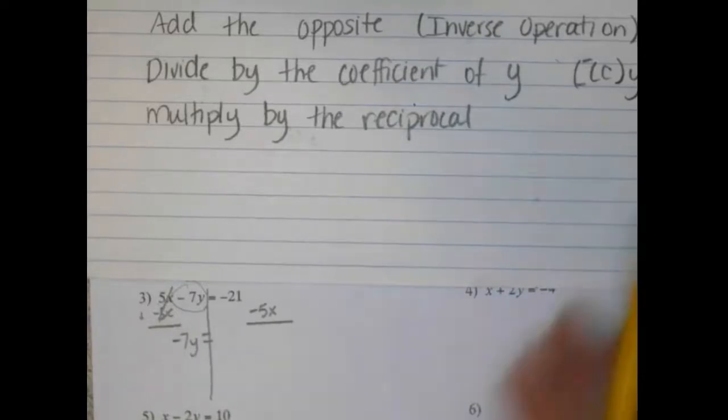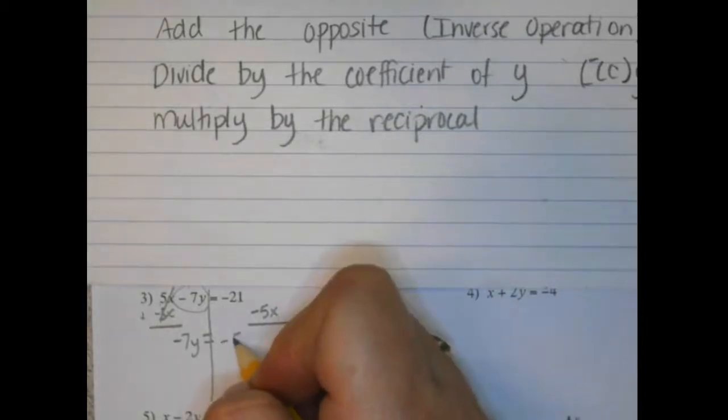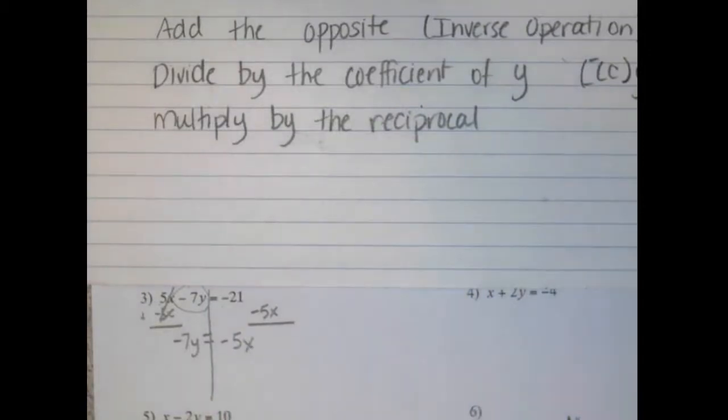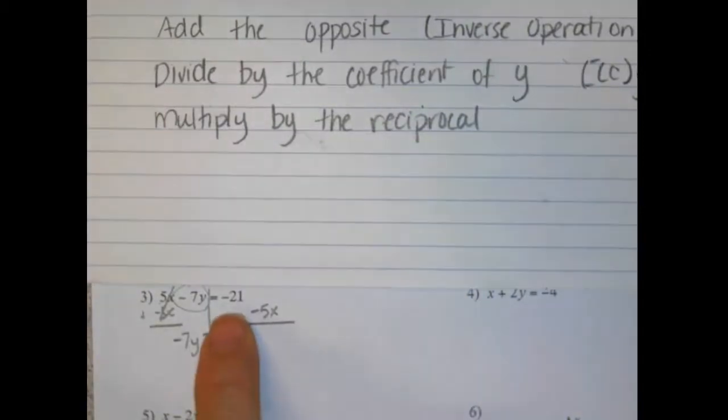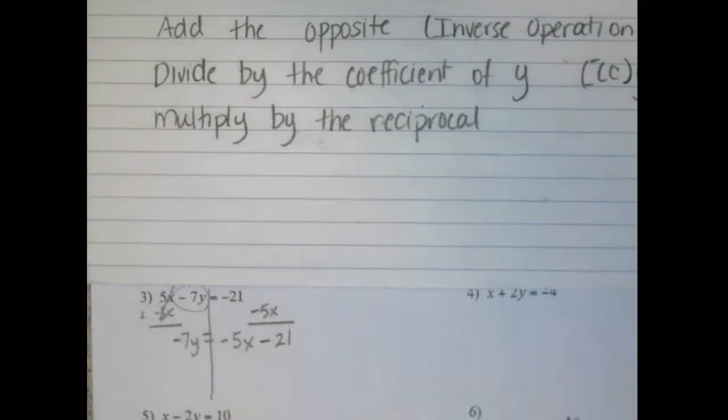Now to put it in slope-intercept form, do I want to bring down my negative 21 or my negative 5x first? I want to bring down that negative 5x because that's going to give me my times x and then my plus y. What is my plus b? What is my y-intercept going to be? So instead of plus b, it's going to be minus 21.